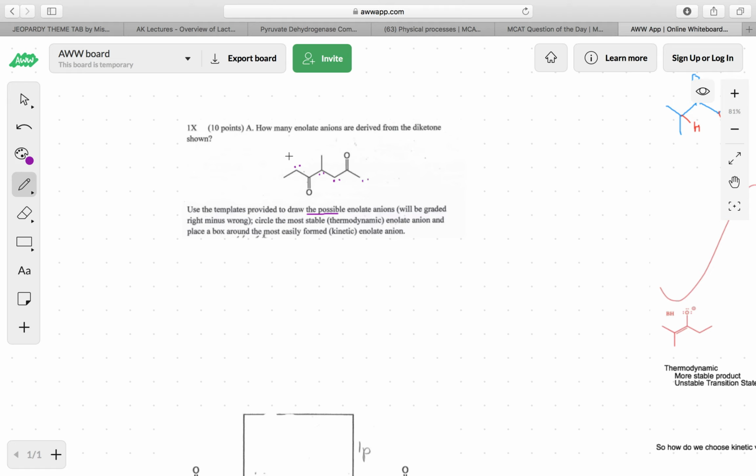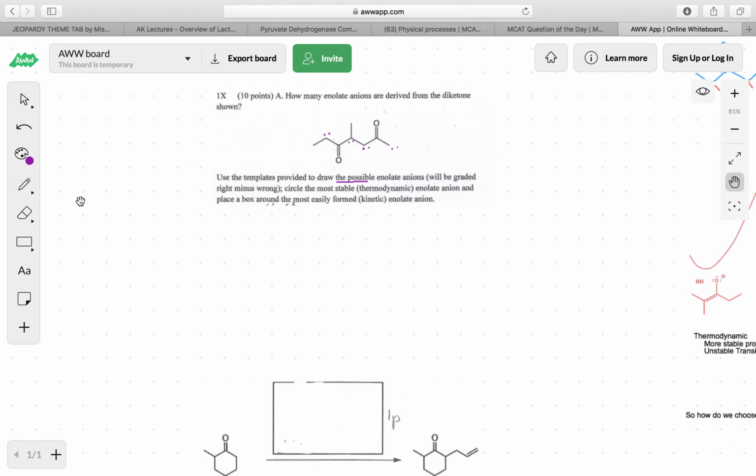So because of this, there's 4 possible enolates you can totally form. So let's draw them out. I'm going to go left to right. So this is the first one if we use our first lone pair. Second one should look like this.